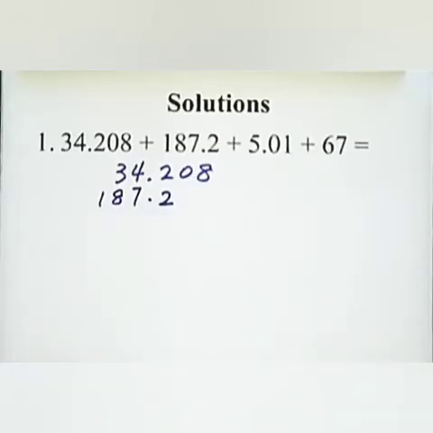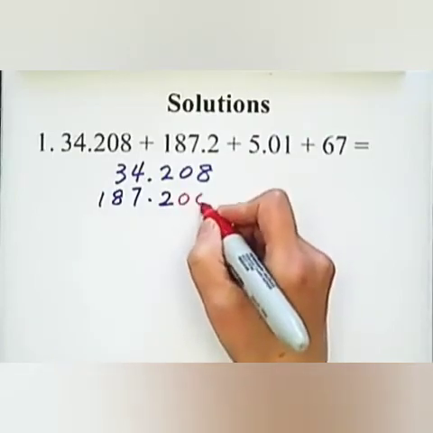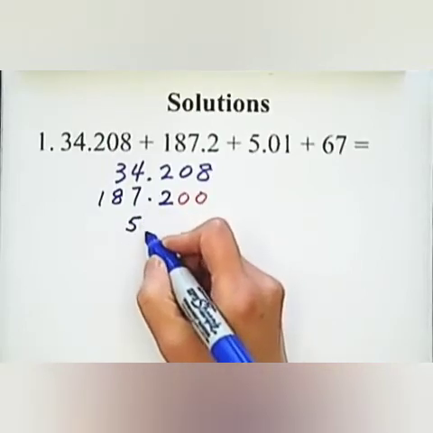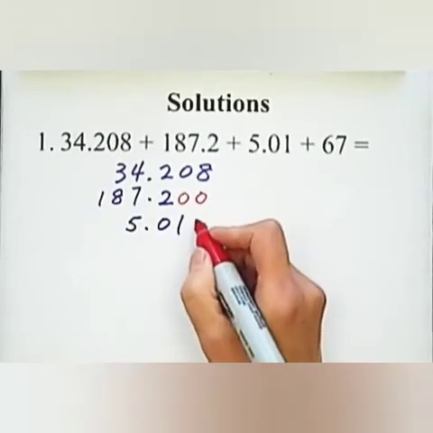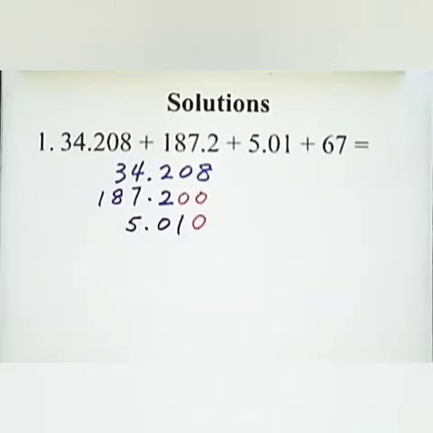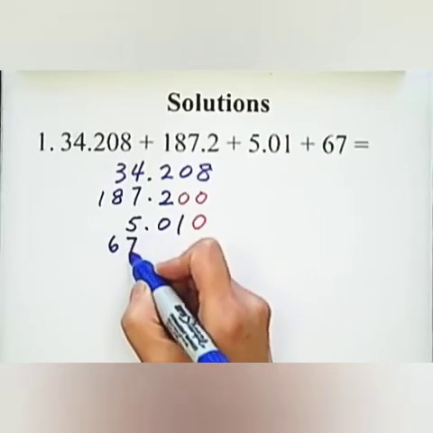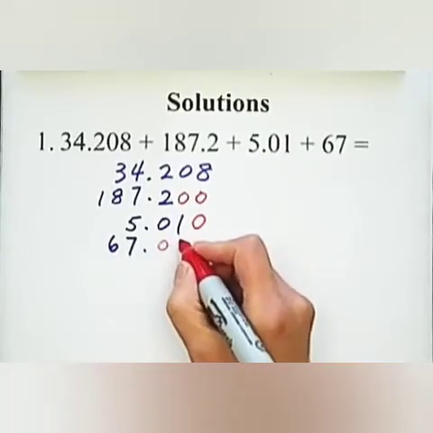Then we need to add the zeros, right? 5.5 is 1 digit. Line up the decimal, 0, 1, and 0. The last number is 67. This one, so add 3 zeros.